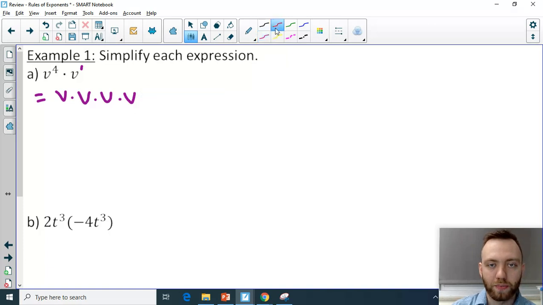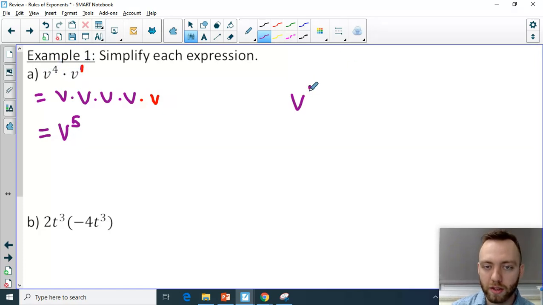And then our last one there would be v to the 1st, color coded there with red, right? And then you can count all those and you could say, well, that's v to the 5th. Or you could say, well, I know that when I'm multiplying 2 things with the same base, I'm adding the exponents.